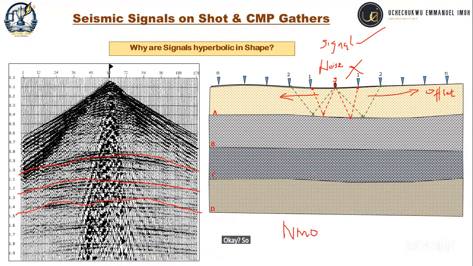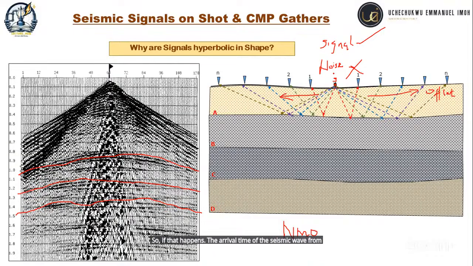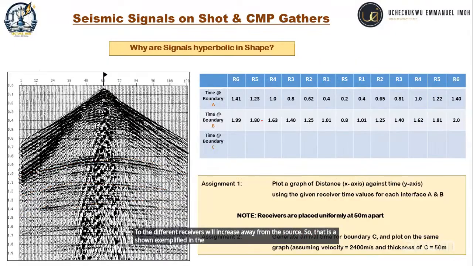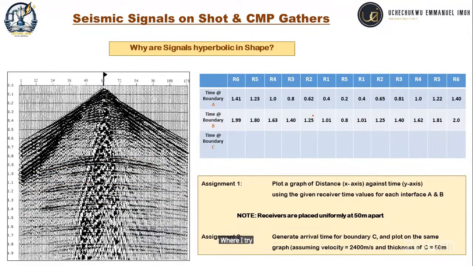So increase in distance of the receivers away from the source. So if that happens, the arrival time of the seismic wave from the source to the different receivers will increase away from the source. So that is exemplified in the next slide, where I try to depict here.